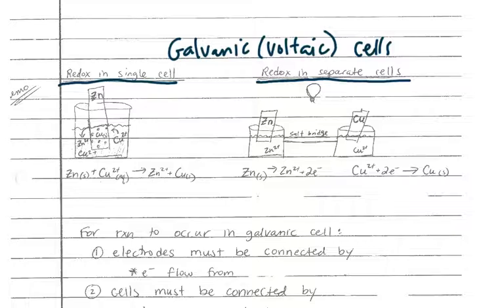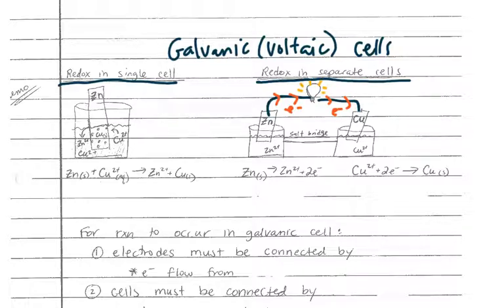So we put the oxidation reaction in one and the reduction reaction in the other, and we connect the two with a wire. And electrons can flow down that wire, and that electrical energy, the electricity, the energy that's made from those electron flows can do work, like light up a light bulb.